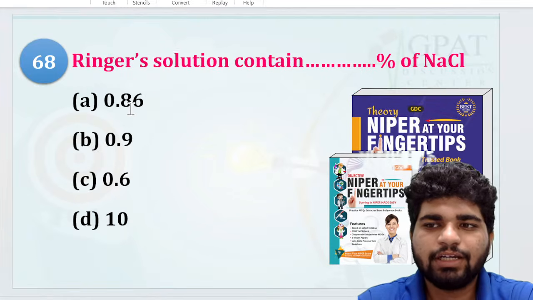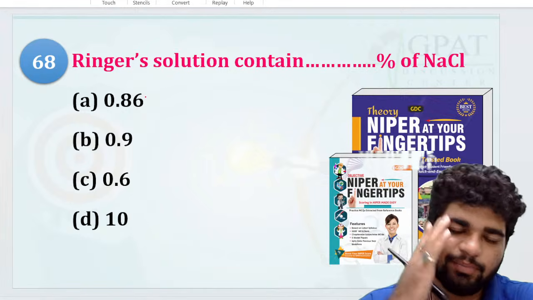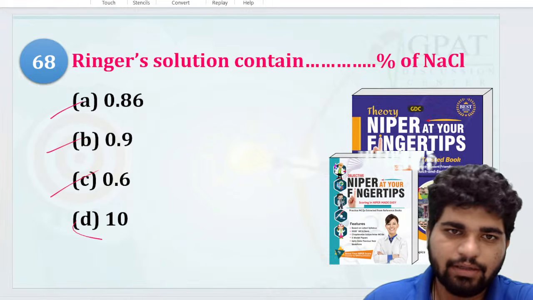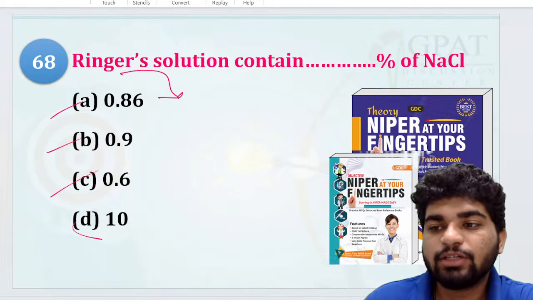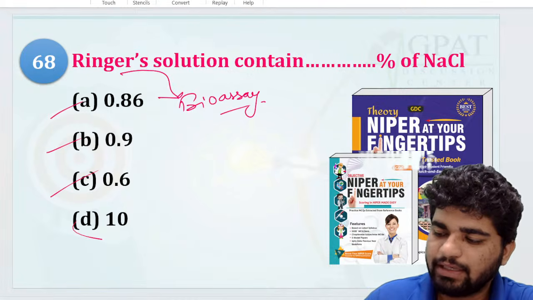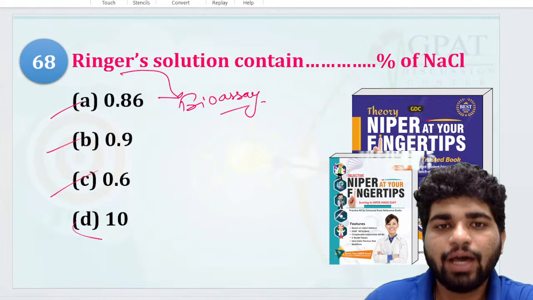Now, Ringer solution contains how much percent of NaCl? Simple, right? 0.86, 0.9, 0.6, or 10. Ringer solution is used in bioassays, to keep the tissue alive, right?